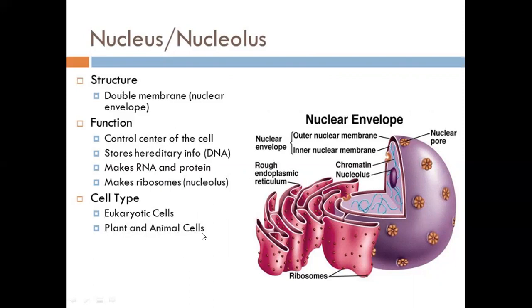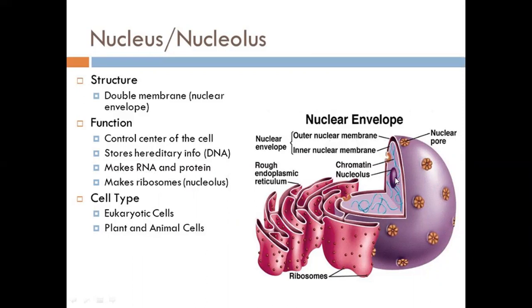Now, the contents of the nucleus are also present in the prokaryotic cells, but the nuclear membrane is not there. Okay, we will be understanding about the prokaryotic cell in the coming slides. As you can see over here, the outer membrane of the nuclear envelope and the inner membrane of the nuclear envelope.